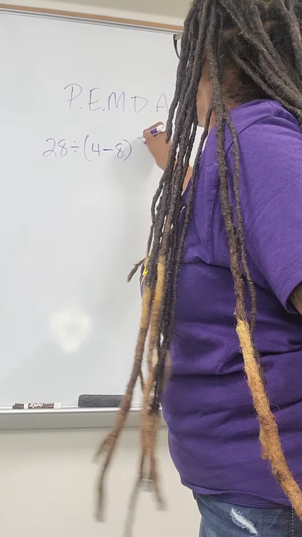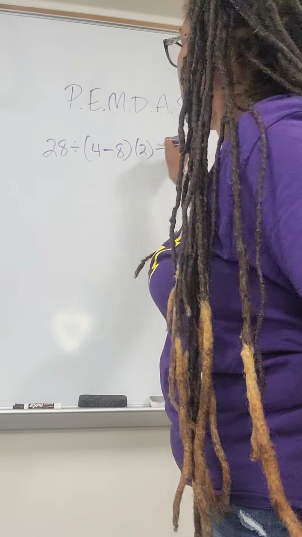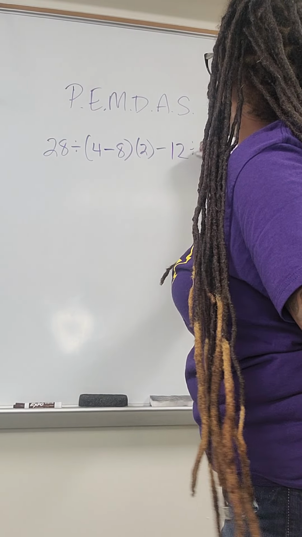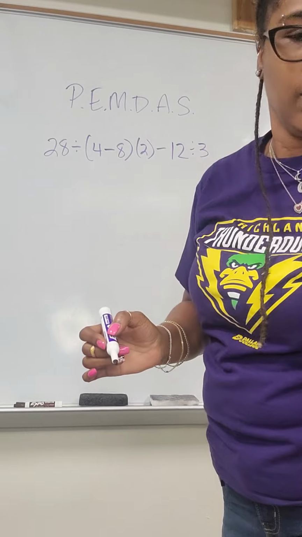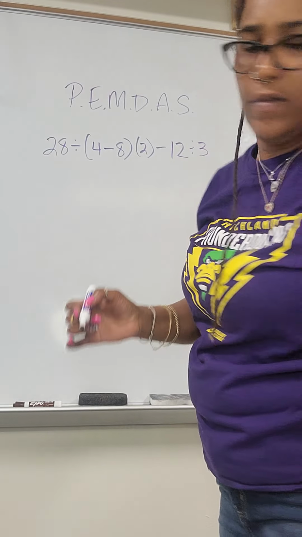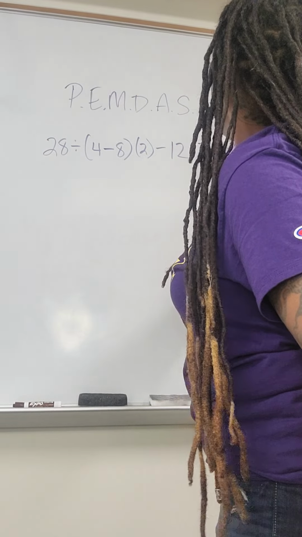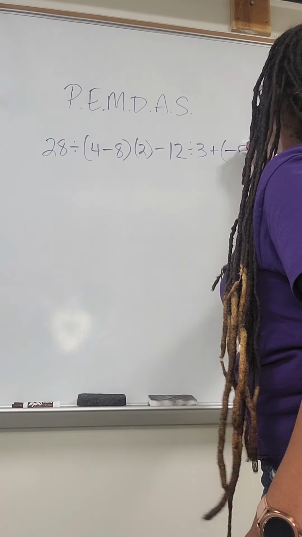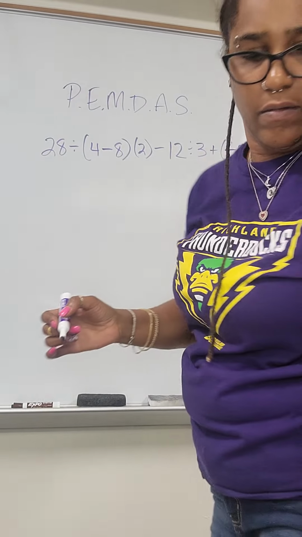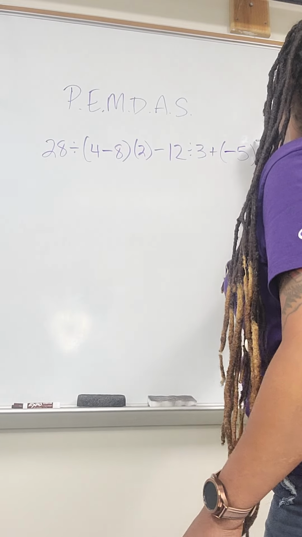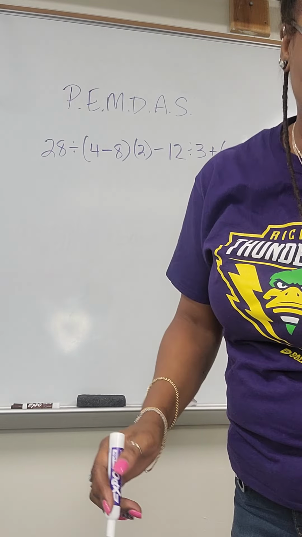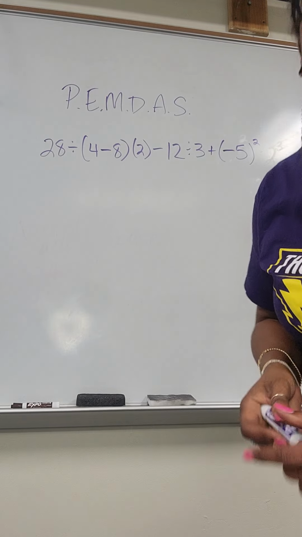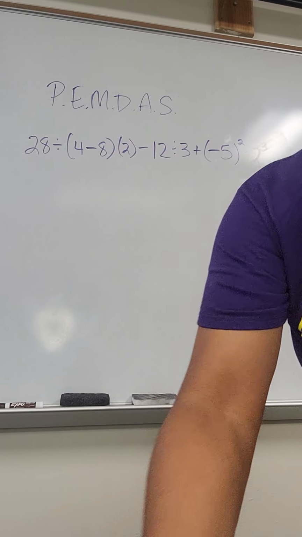I'm going to say times 2 minus 12 divided by 3 plus, looks good, right? Don't panic, you got this. Negative 5 squared. Dang, is that the whole thing? Okay. Can you see all that? Negative 5 squared, yeah, you can.